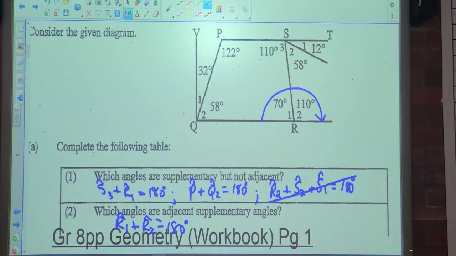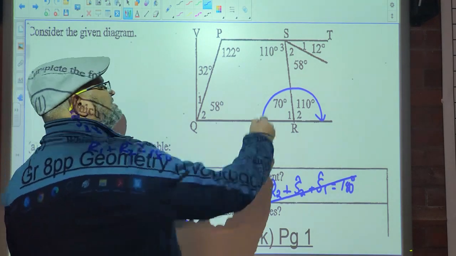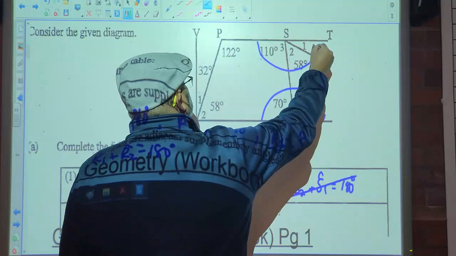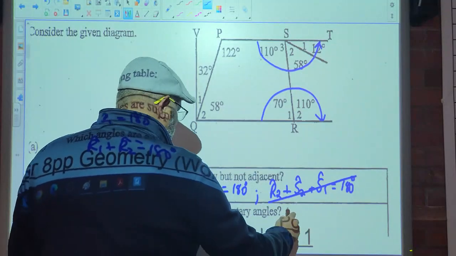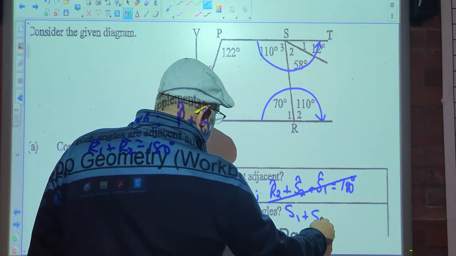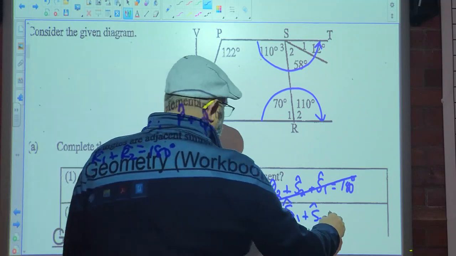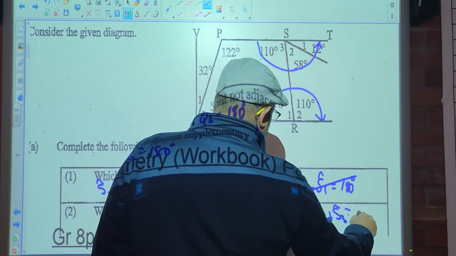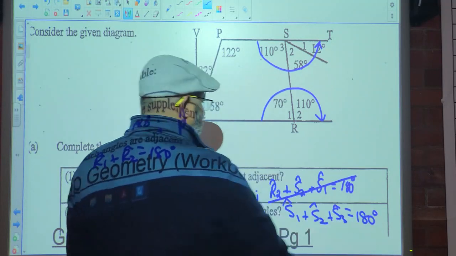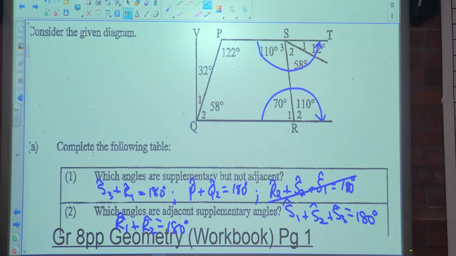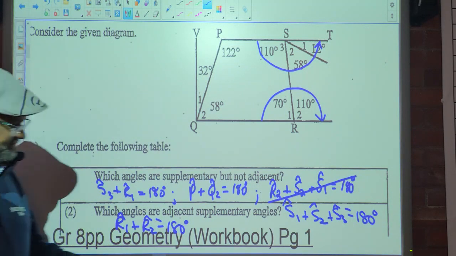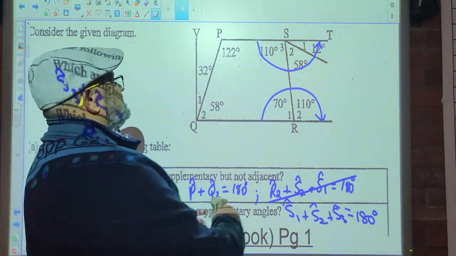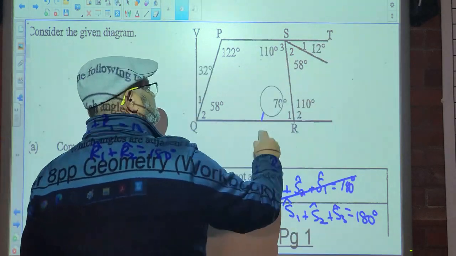Yes, which is? S1 plus S2 plus S3 is also 180. Anything else? No. Any confusion, people?